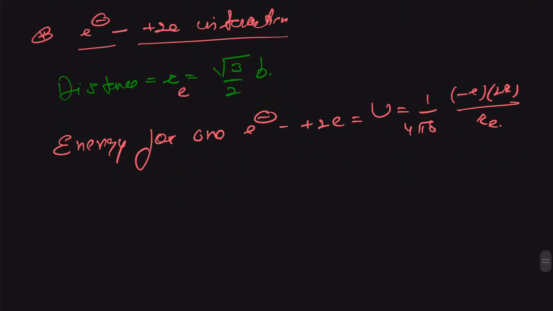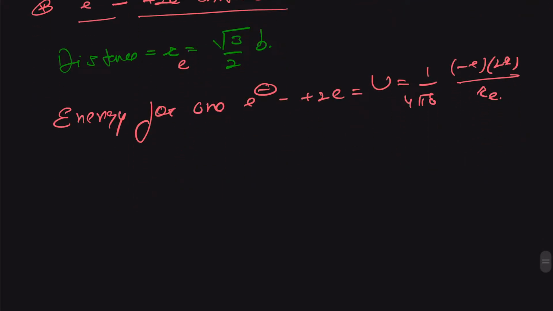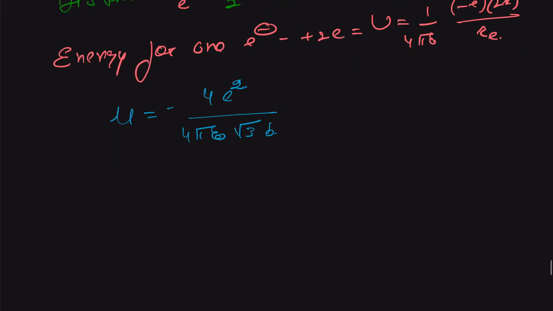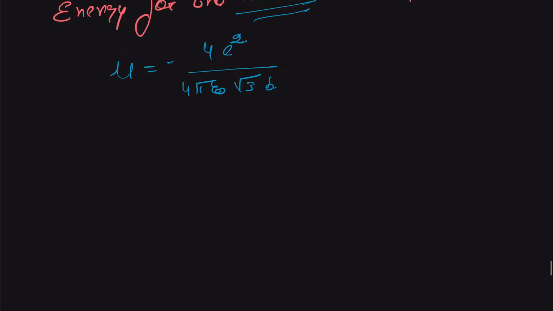So we can simply substitute it. So we get our U will be equal to minus, and we have this r is square root of 3 divided by 2, so we are going to get 4e square upon 4 pi epsilon naught square root of 3 times b, and this is for our 1, and they are total 8 electrons.